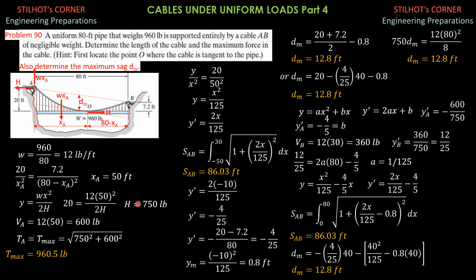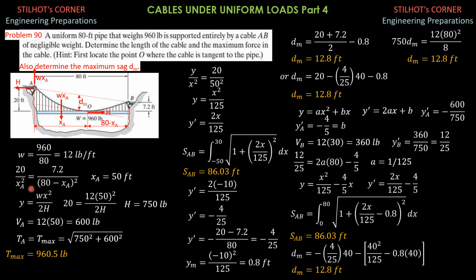Again, to derive 750, you may draw the free body diagram of the portion AO. The tension at O is H. At A, H, and W times XA, we already found XA. Then you sum up moment about O. In general, H times Y, if this is Y in general, is equal to W times X, if this is X in general, times X over 2.